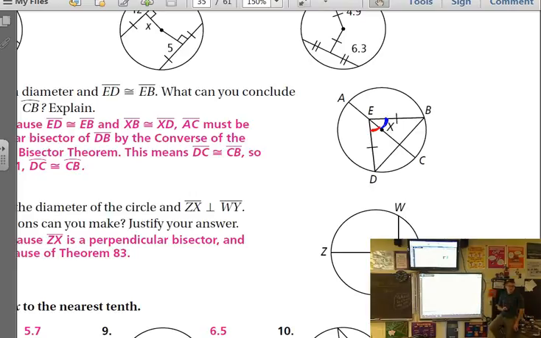Are we with me there? Because the one triangle was here, the other triangle was there.